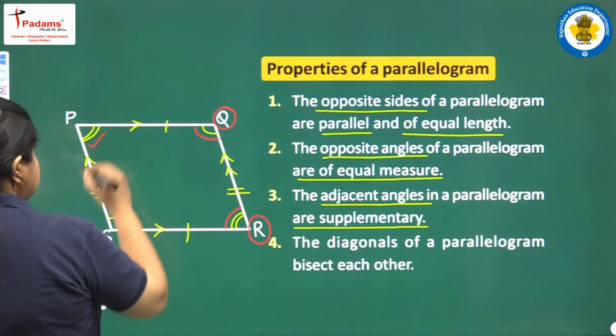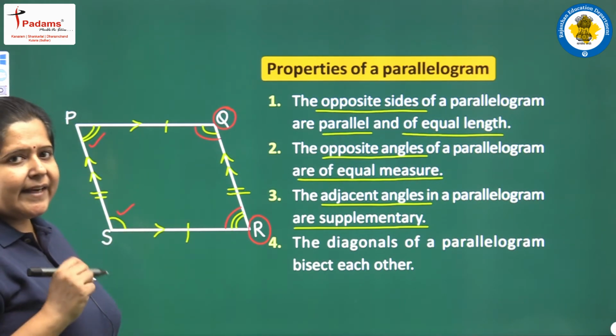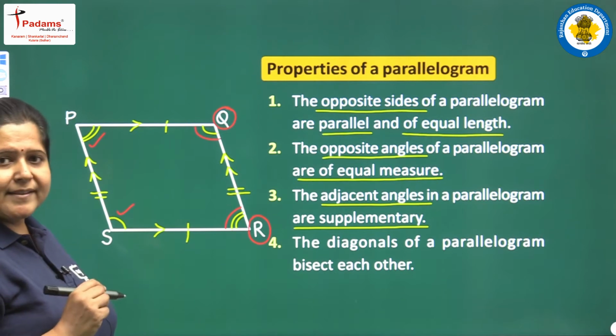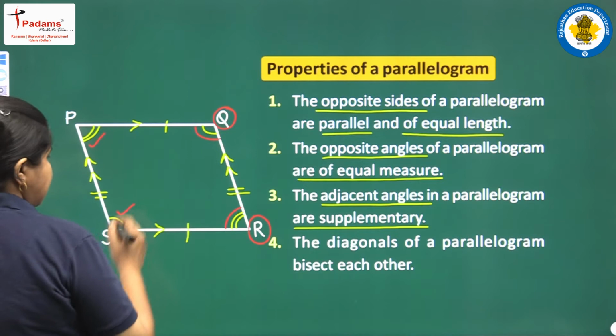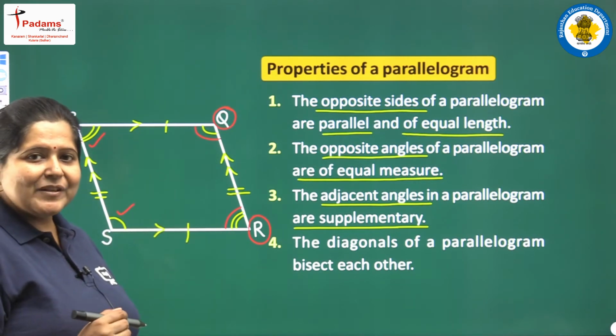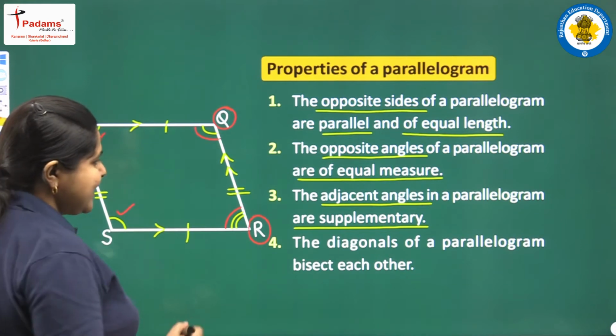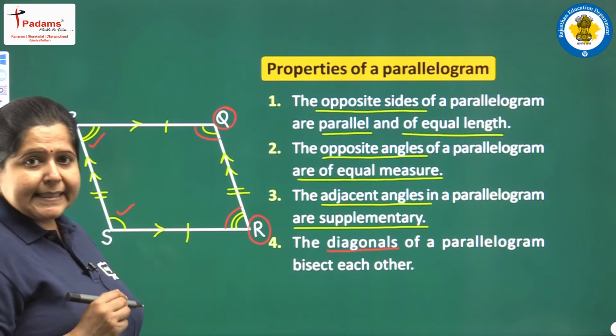Similarly, angle P and angle S, they are again adjacent angles and their sum will be equal to 180 degree. Similarly, angle P and Q, they are adjacent and angle S and R, they are again adjacent and their sum will be 180 degree. Then we have the diagonals of a parallelogram bisect each other.